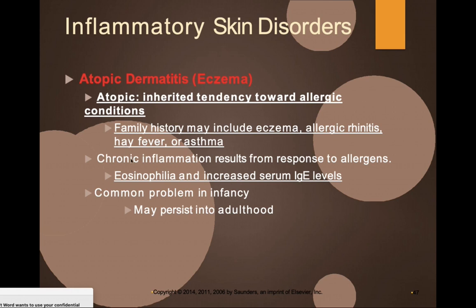On blood tests, we'll see an increase in the eosinophil count, so we call that eosinophilia, and an increase in the immunoglobulin E's, the IgEs. This can be a common problem, atopic dermatitis in infancy, but it can also persist into adulthood.